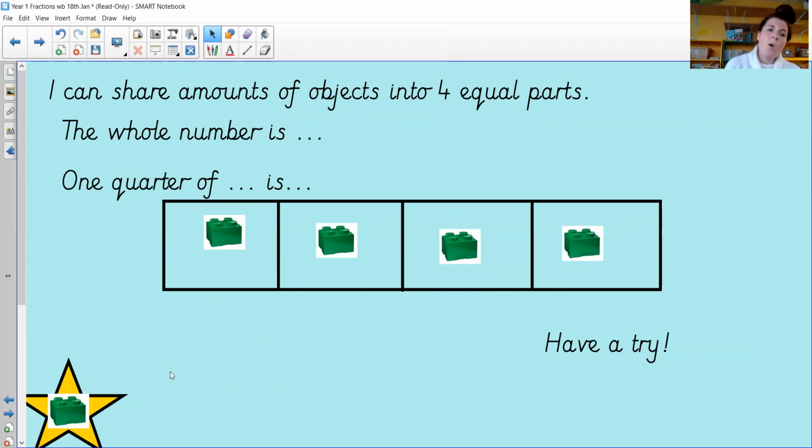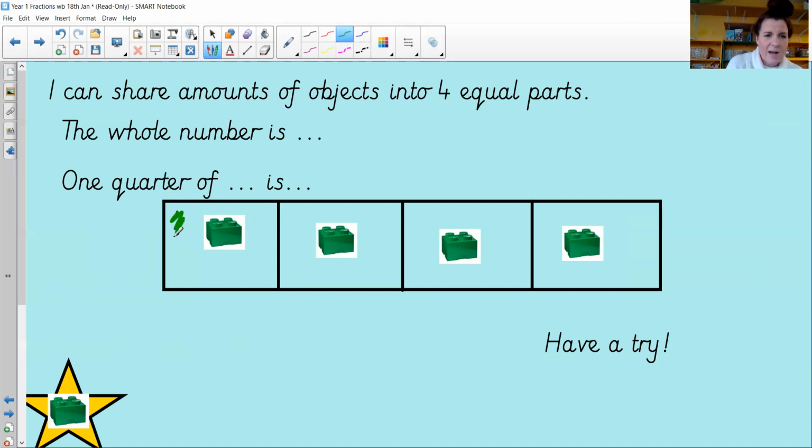So I have put 1 Lego piece in each part of my rectangle. Is it the same? Have I got the same amount in each rectangle? I have. So it is fair. It is equal. So I now know that 1/4. So if I have a look, actually, if I get my pen, because you did this yesterday, but we can do this today.